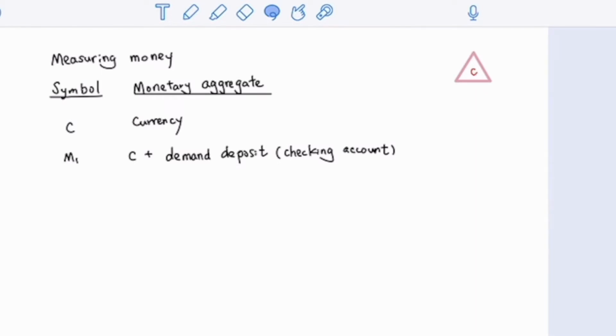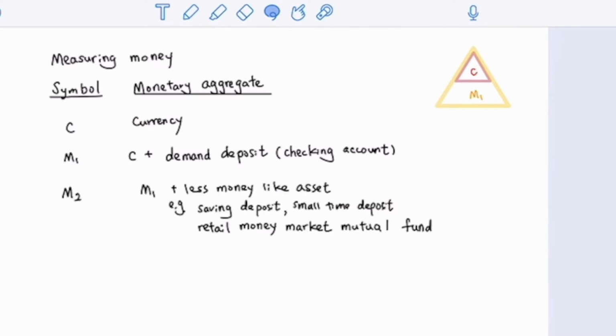Therefore, the size or the quantity of M1 includes the C. The next symbol is M2, which is M1 adding up the less money-like assets, for example, the saving deposit, the small time deposit, or the retail money market mutual fund. Based on this definition, you will know that M2 is larger than M1, and it should include both M1 and C.